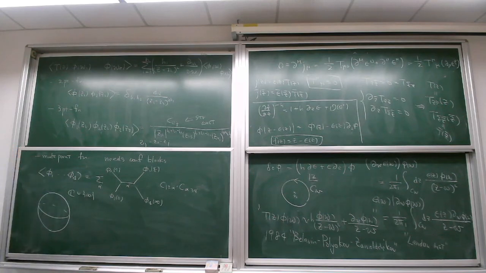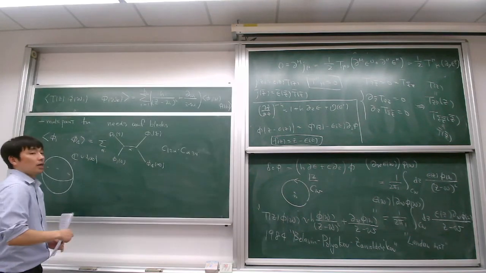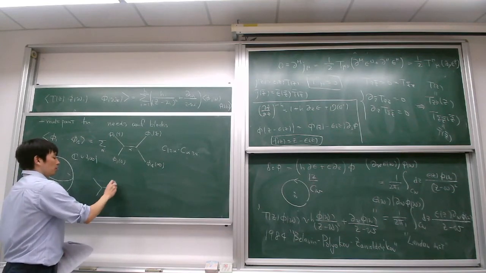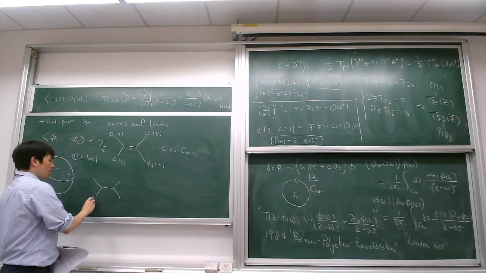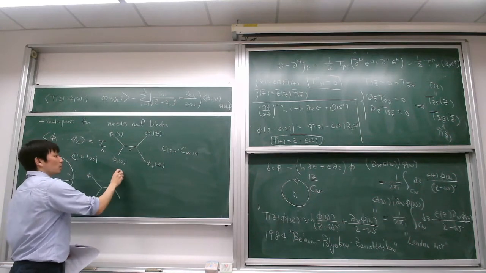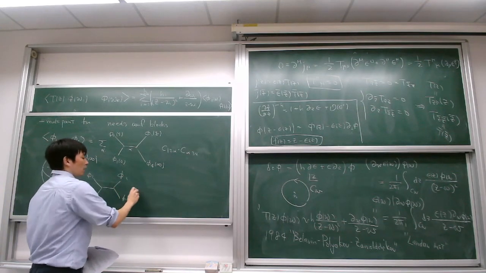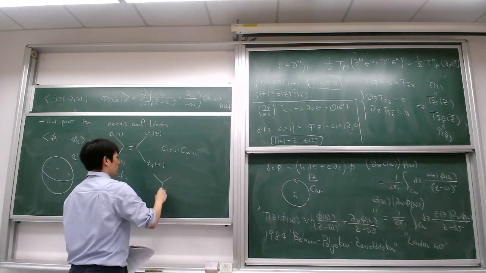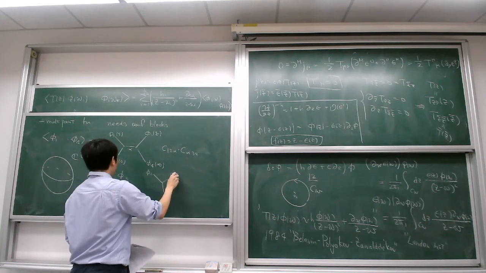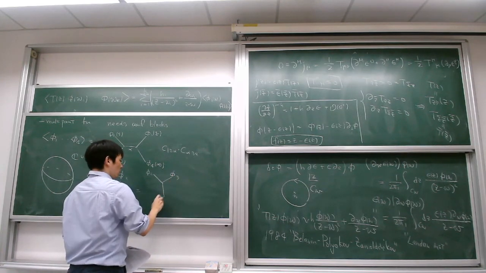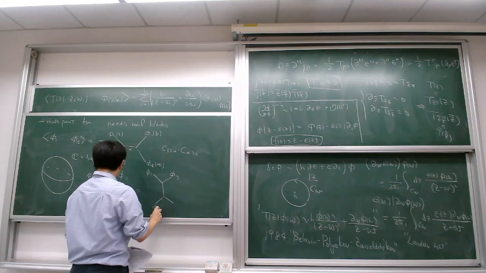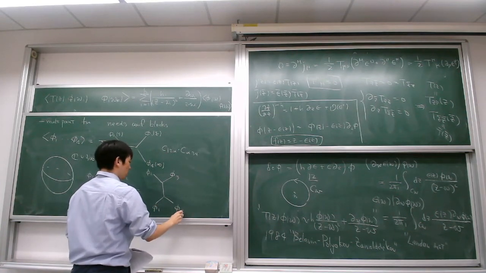There are 2 ways to obtain the conformal block. One is the fusion of phi 1, phi 2, phi 3, and phi 4. Another is the other way, phi 2, phi 3, phi 1, and phi 4.